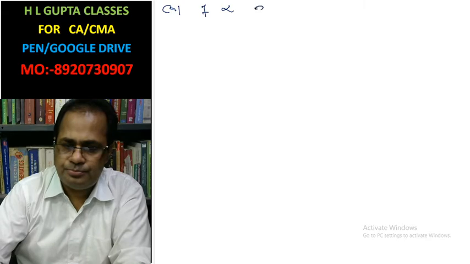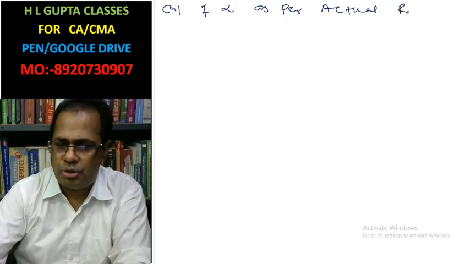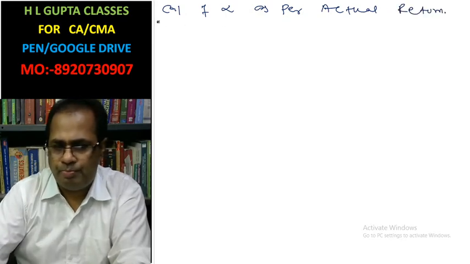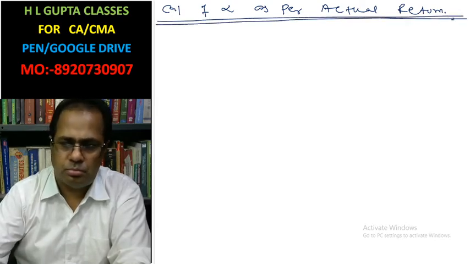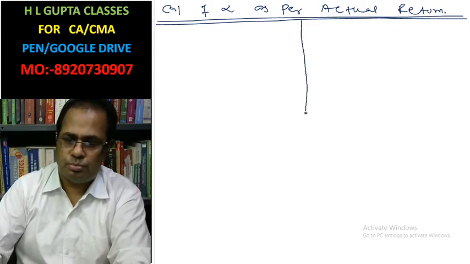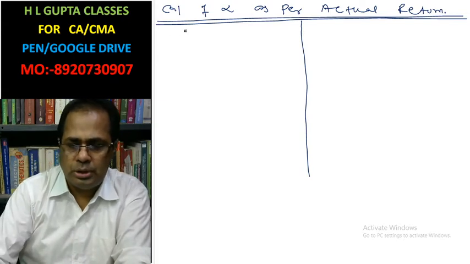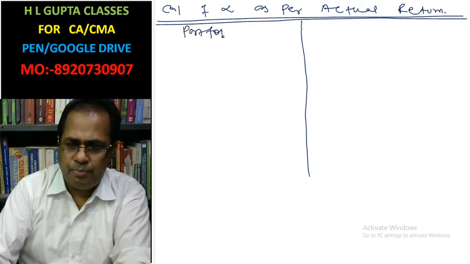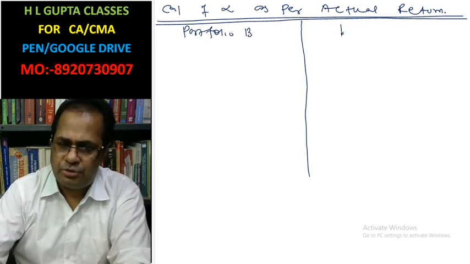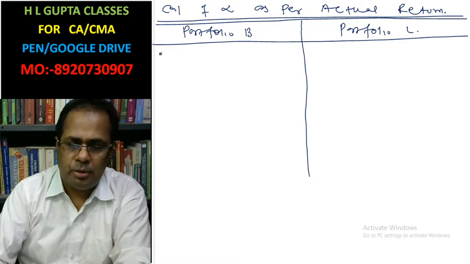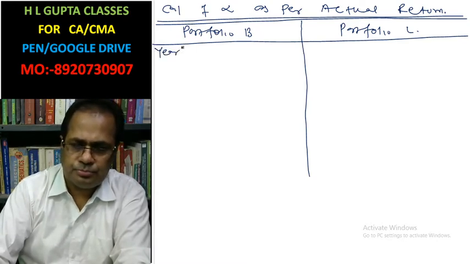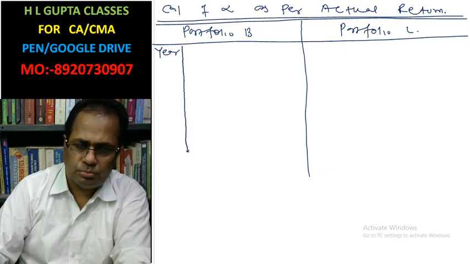Here you write portfolio B and portfolio L, and then write year.